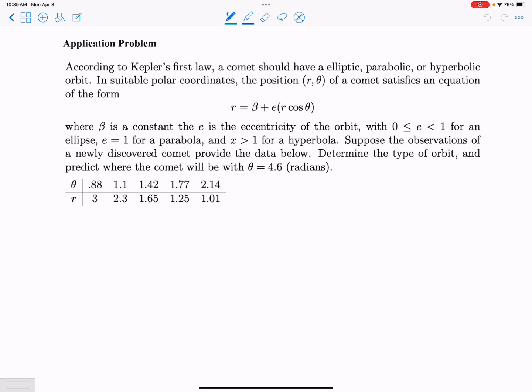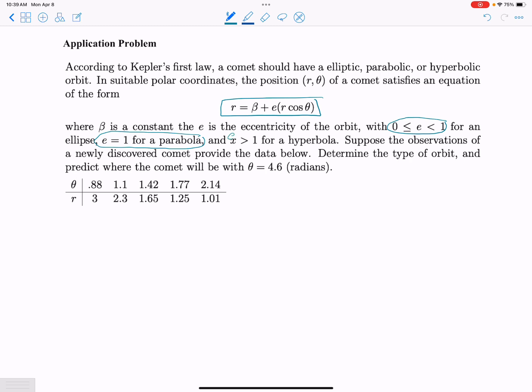According to Kepler's first law, a comet's orbit should be either elliptical, parabolic, or hyperbolic. The r, theta represents the position in polar coordinates, and it satisfies this equation. So r is the radius, theta is your angle. Beta and e are both constants, and e is between 0 and 1 for an ellipse, e equals 1 for a parabola, and e is greater than 1 for a hyperbola.